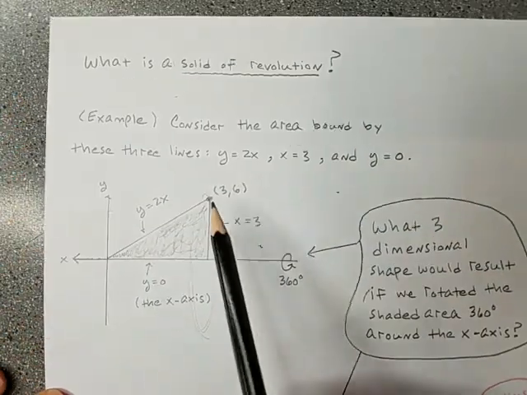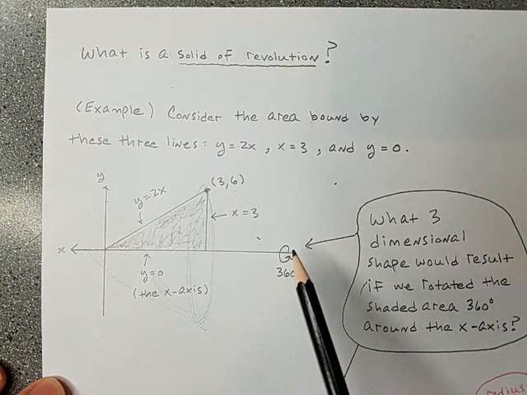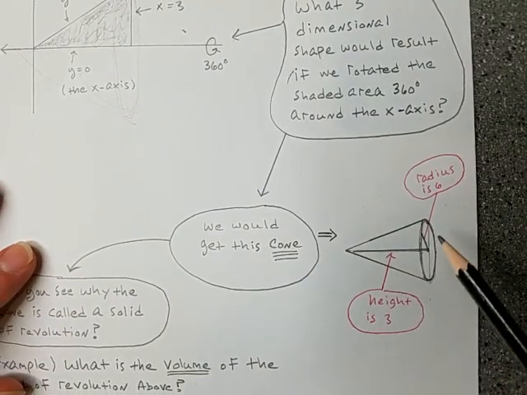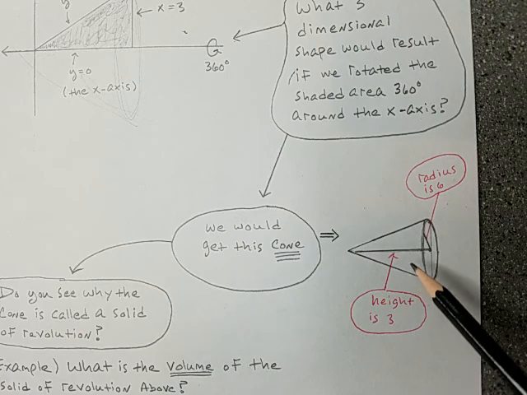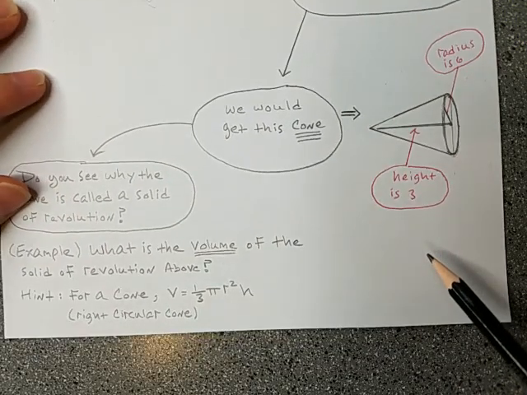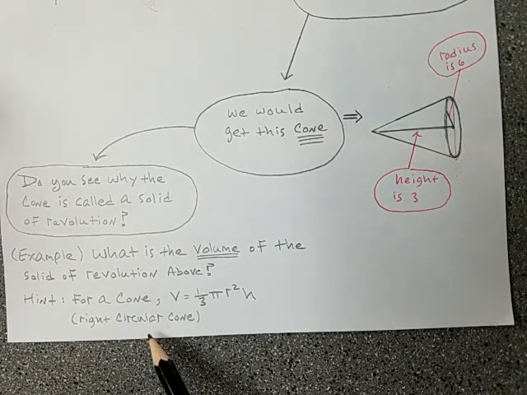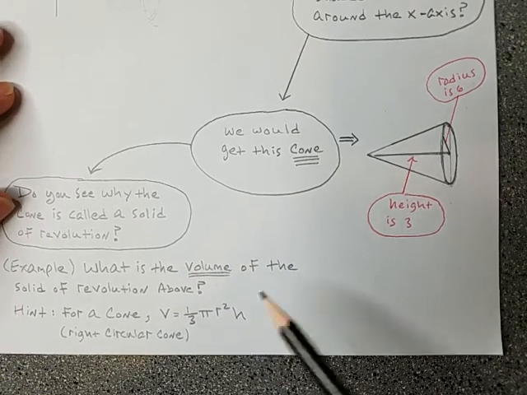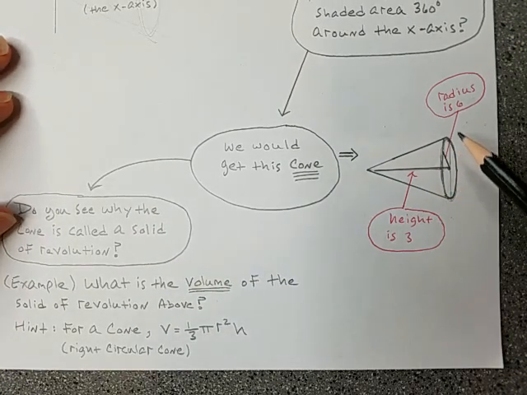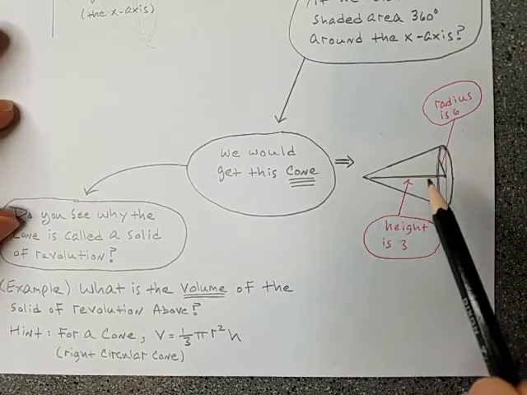If you take this triangular region, you rotate it 360 degrees around the x-axis, and you will get this solid three-dimensional shape, okay? What is the volume of that? Well, it is a cone, and I'll give you a hint there. The volume of a cone is 1/3 times pi times the radius, and I mean the radius of this circular opening, okay, times its height, and that will be this aspect of it, all right?